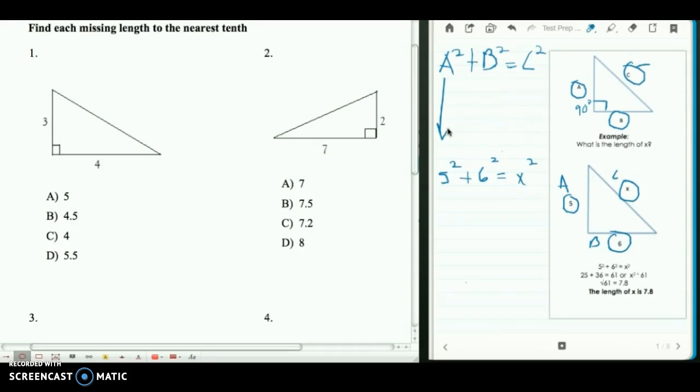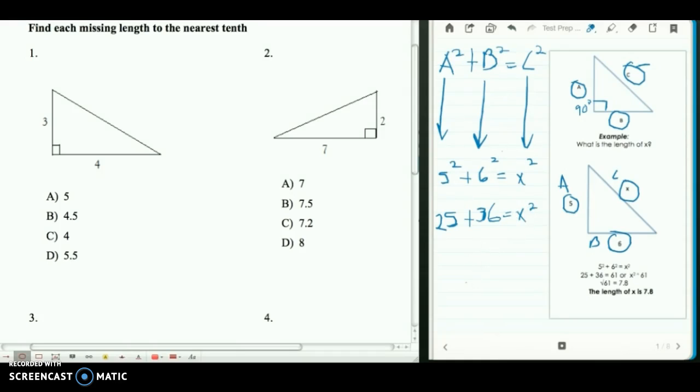Solving these out, 5 squared, or 5 times 5, gives us 25. 6 squared gives us 36, and that's equal to x squared.